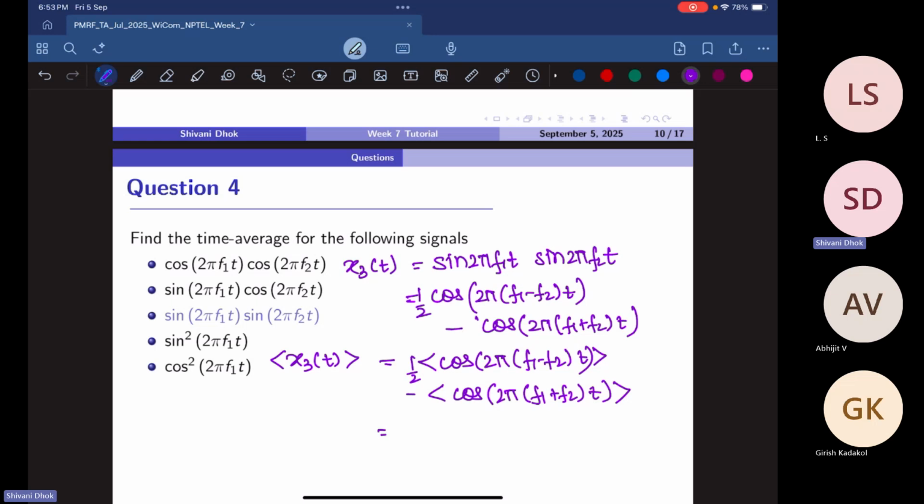Yeah, there is a half here, sorry. We have seen that this particular quantity is 0, and this is also 0. So this comes out to be equal to half into 0 minus half into 0, which is equal to 0.